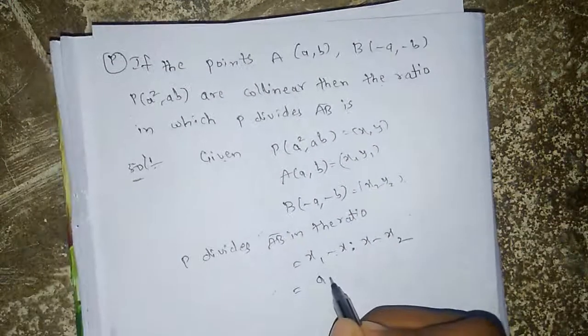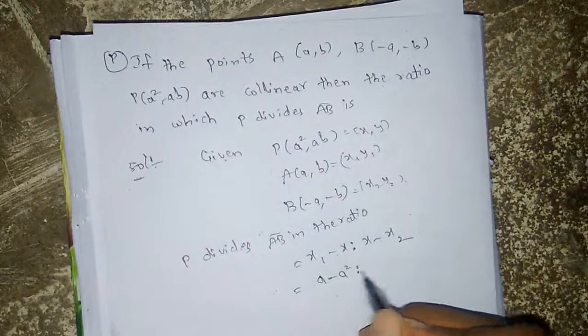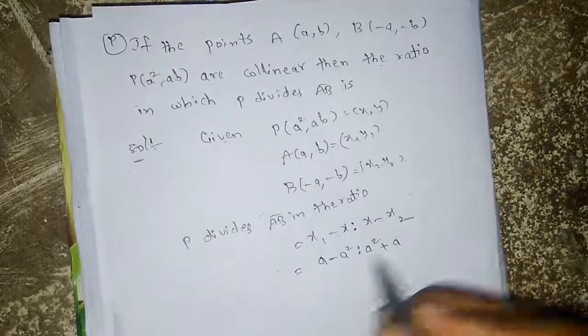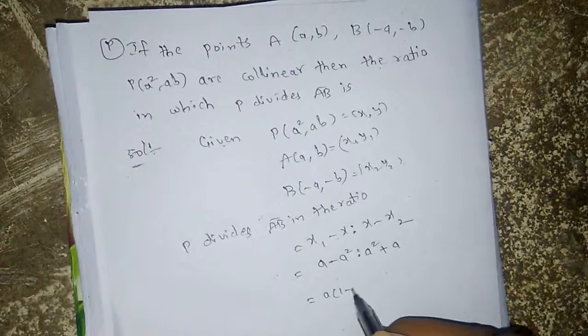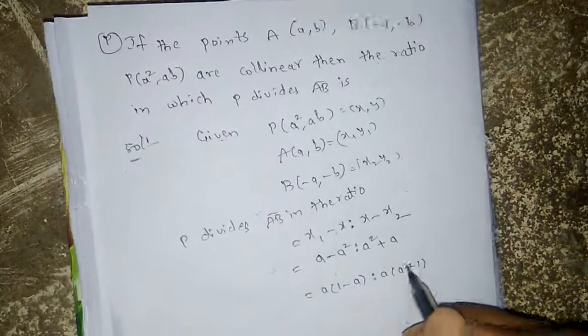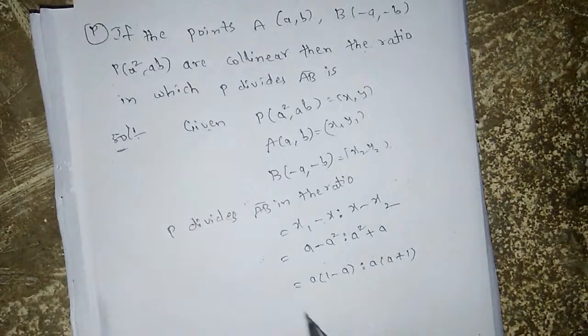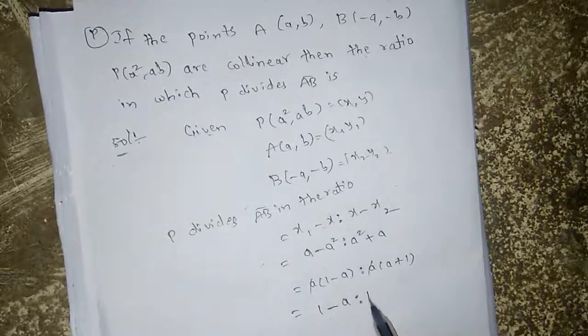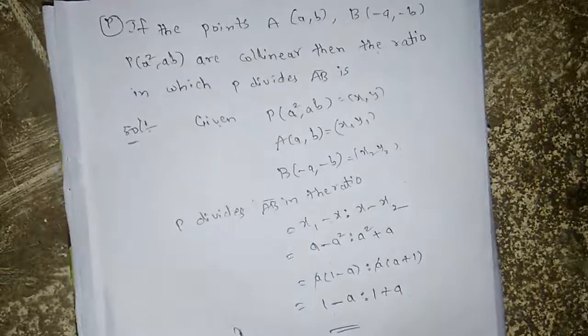X1 is a, x is a square, x2 is minus a, minus of minus is plus a. Here take a common, 1 minus a, here take a common, a plus 1. That is equal to, here a gets cancelled, 1 minus a is to 1 plus a is the required ratio.